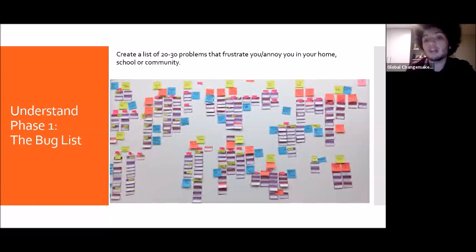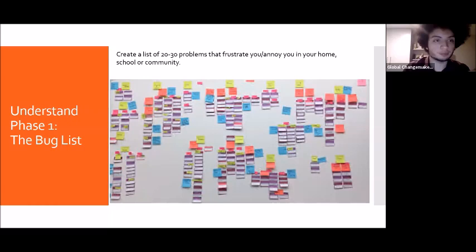Go and brainstorm as many problems as you can think of, and then go on to the next phase. These problems are very important because they're going to give you an idea of what to focus on throughout your build process.